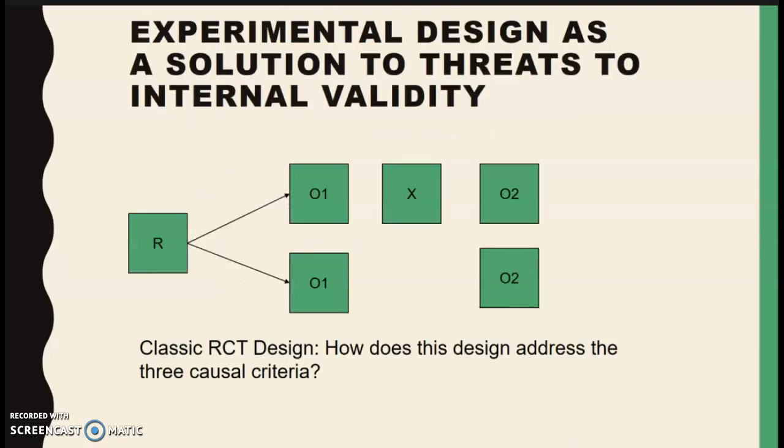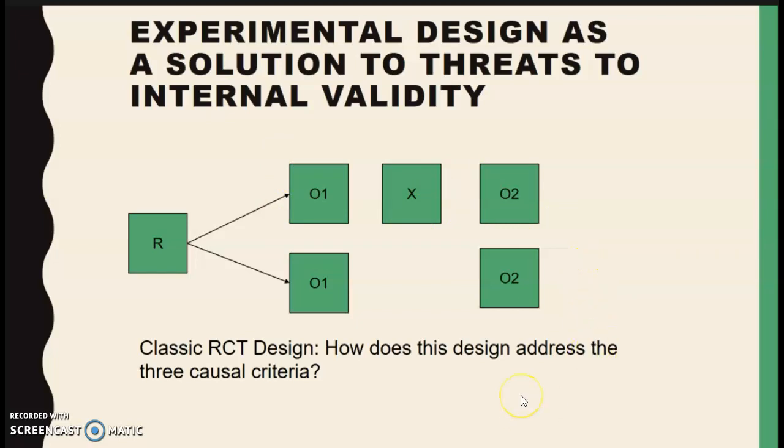Now, when we think about threats to internal validity, that first diagram that I showed you, that standard two-comparison group design, here it is depicted just a little bit more cleanly than the R's and the X's. So we randomize folks into our experiment group or our control group. And we've got our folks at time point 1, our intervention, and at time point 2.